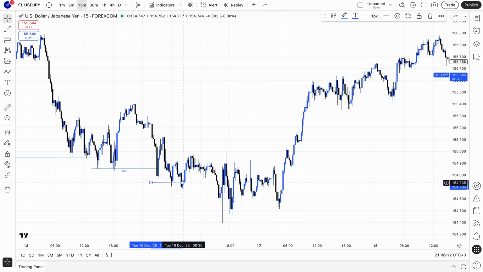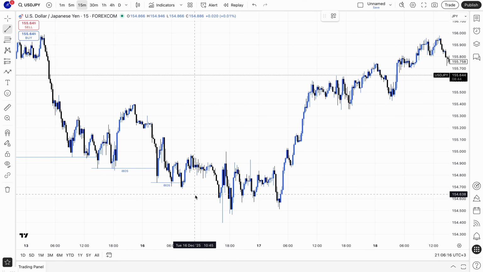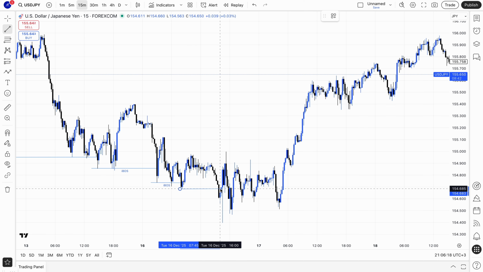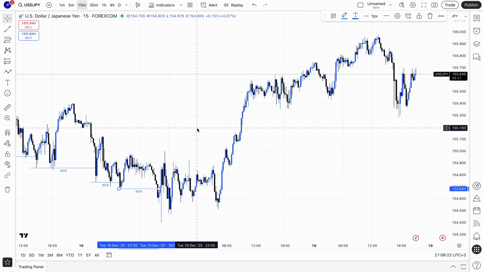It's still internal structure. Then you had the break of structure to the downside, and then a break of structure to the downside.